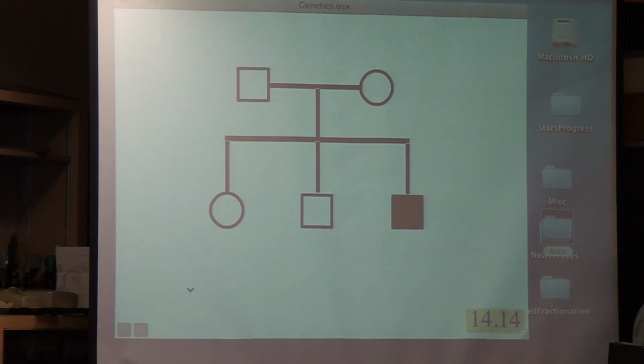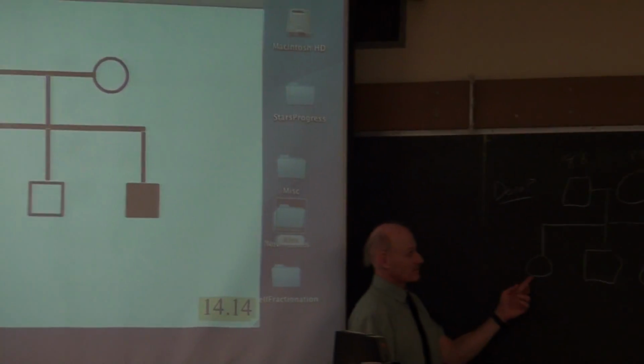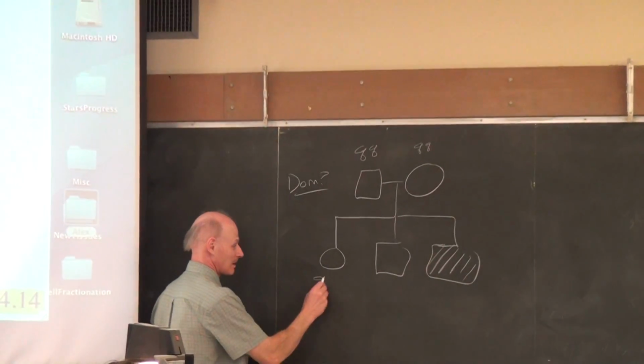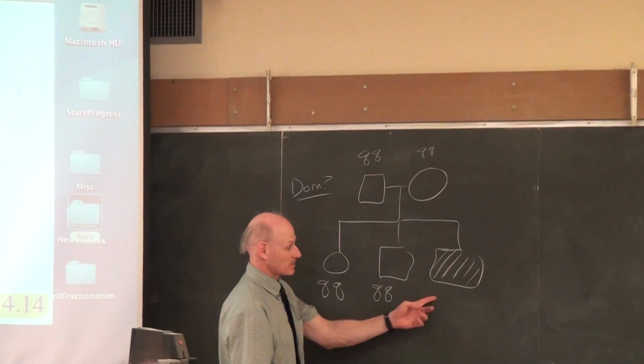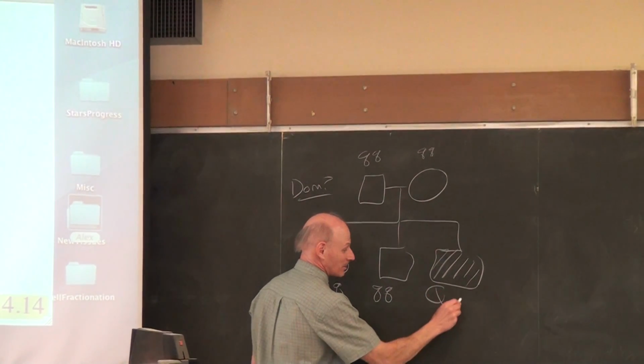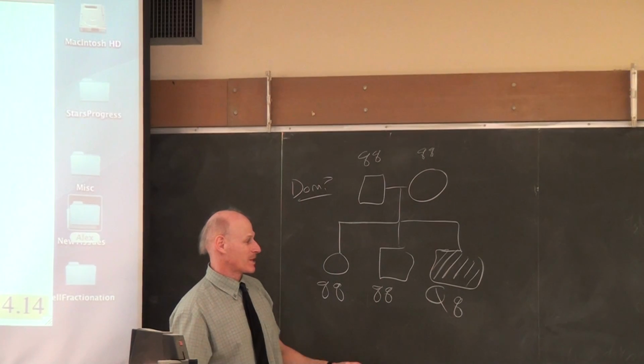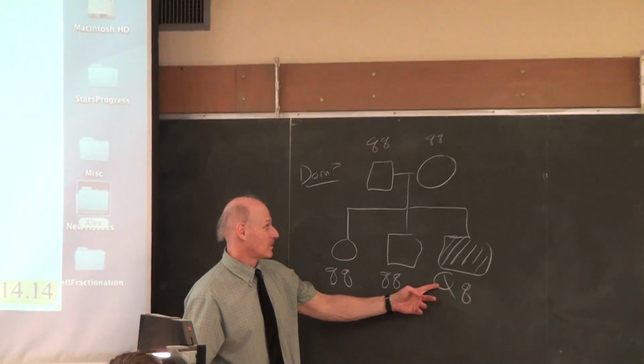So what's this girl's genotype have to be? And how about her brother here? And how about this person? Big Q, little q, apparently, but then we get the question, where did this big Q allele come from?